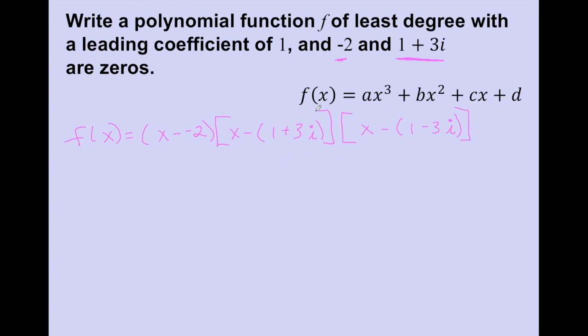All right, now I'm going to simplify all this. You guys should hit pause, see what you come up with as your final answer, and then check yours with my work.